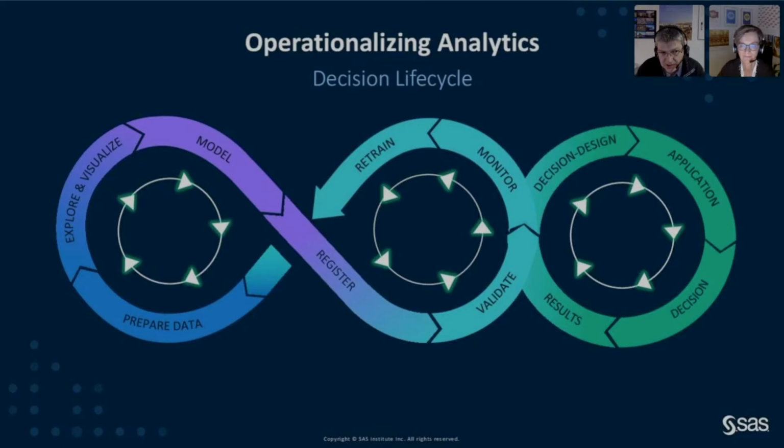You start exploring the data, you start modeling, you register your model in a model registry. You have to do some validation steps. You might want to monitor or retrain your model at some point, and actually it's an infinity symbol of some kind. So at one point you are back at the outer left, where you have to work on your business problem again. This is an ongoing process.